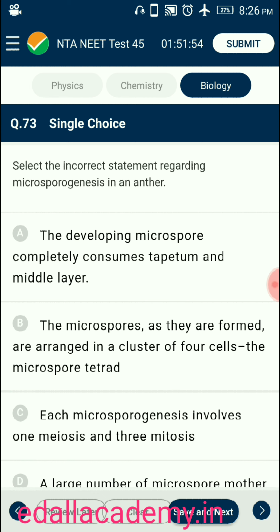So the answer for this question is option C. Each microsporogenesis involves one meiosis and three mitosis. So this is the wrong statement about microsporogenesis. This is an incorrect statement regarding microsporogenesis.